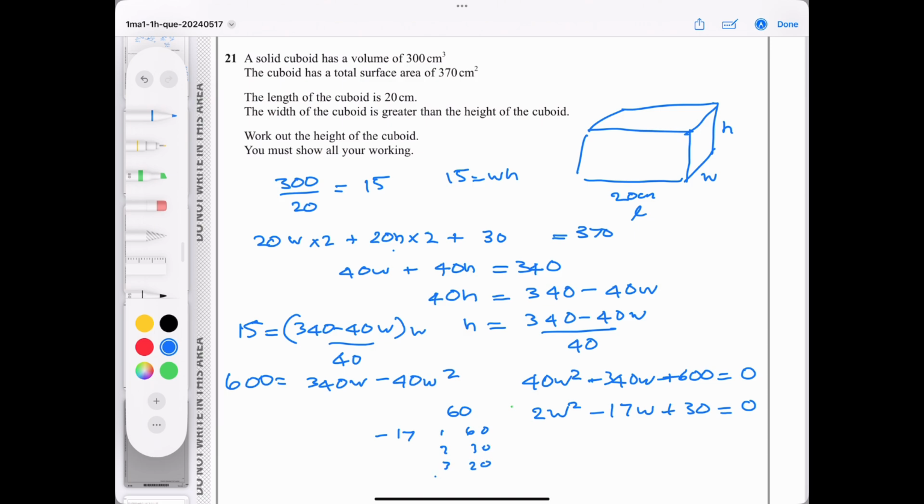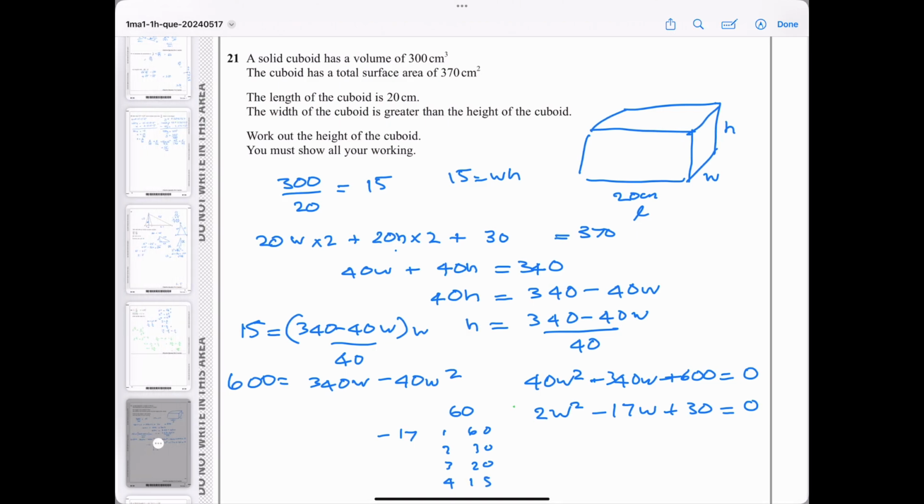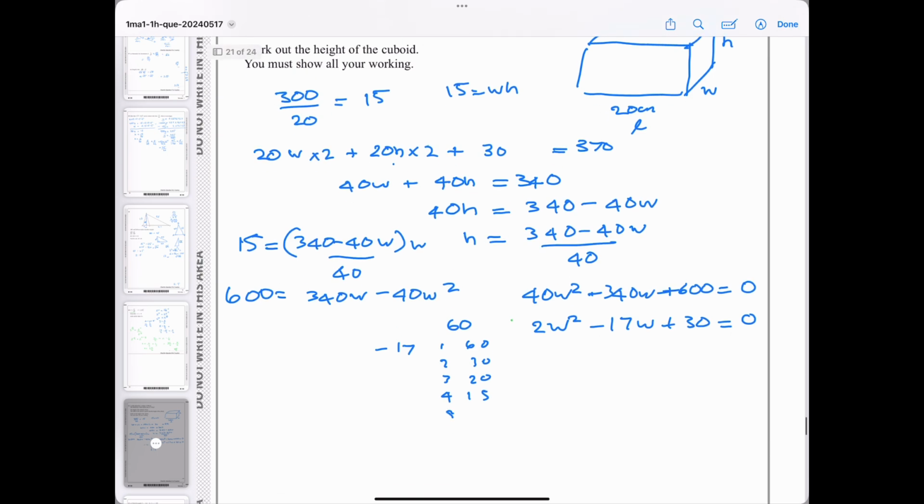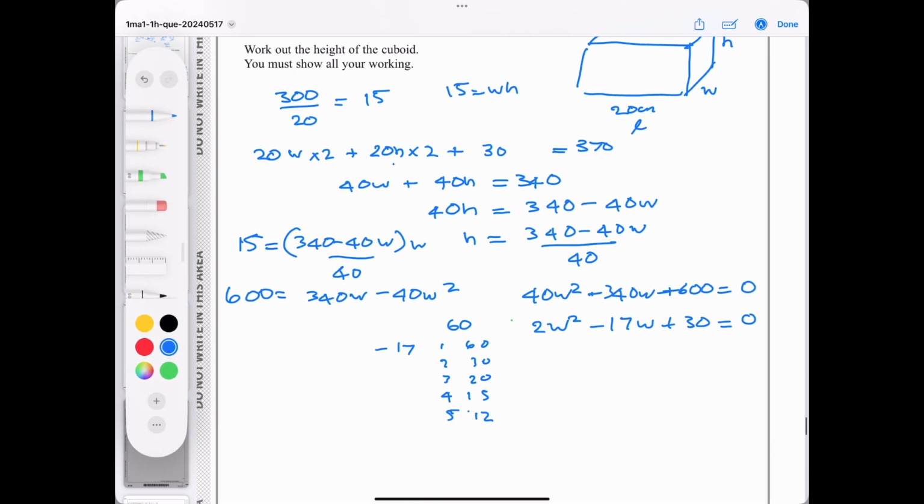Oh no, it isn't, because that's a minus in the middle. So 4 and 15, 5 and 12, oh, it's 5 and 12. Good Lord, so it's minus minus, so that would be 2W squared minus 12W minus 5W plus 30 equals 0.